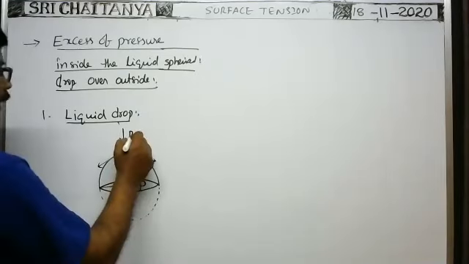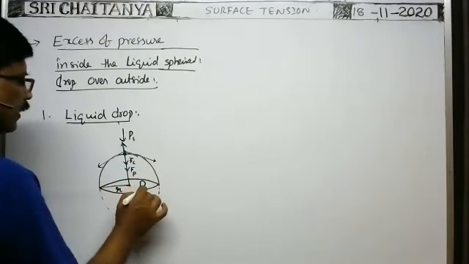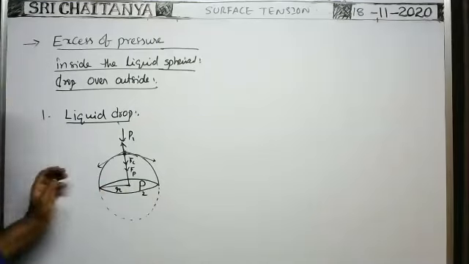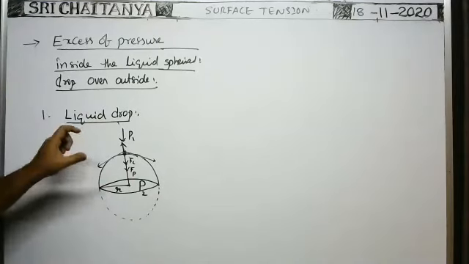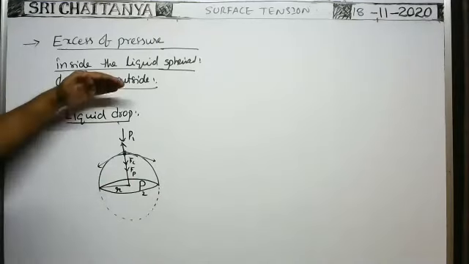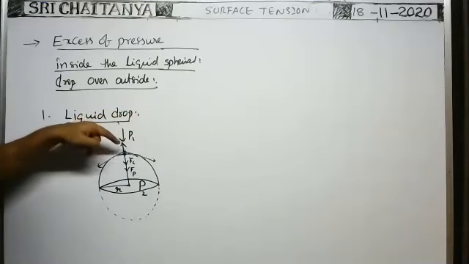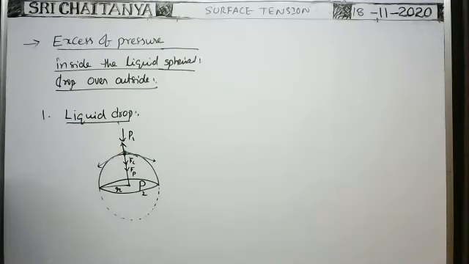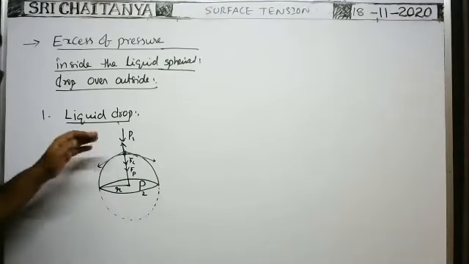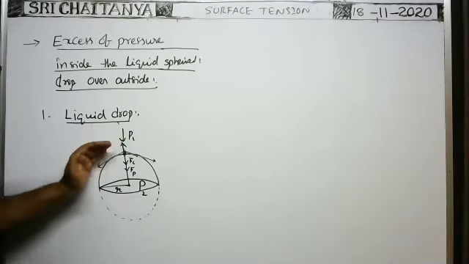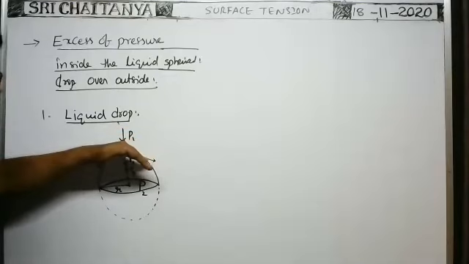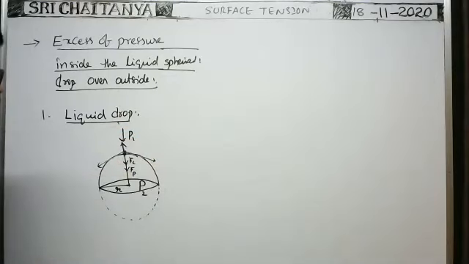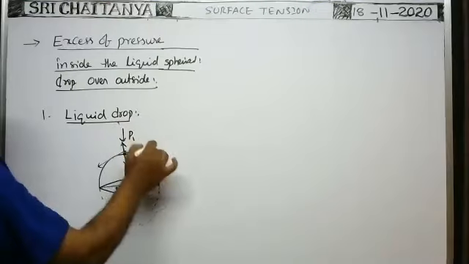Here the pressure outside is P1, and the pressure inside the liquid drop is say P2. Because of outside pressure and because of these cohesive forces, a net force acts on the molecule inwards.